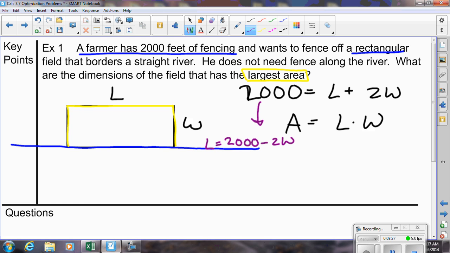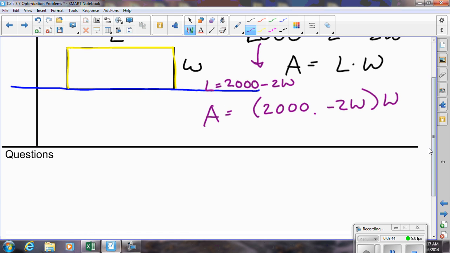So overall, our area is, sorry, that needed to be 2W times W, which we could then distribute across and say our area is 2,000W minus 2W squared.